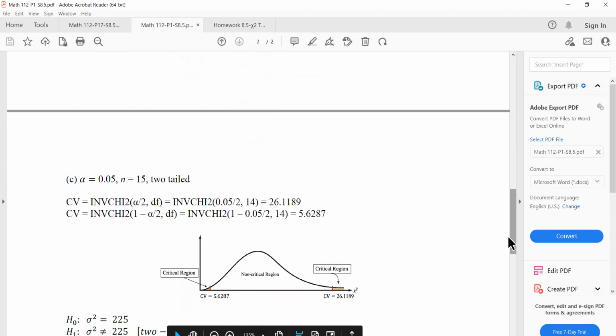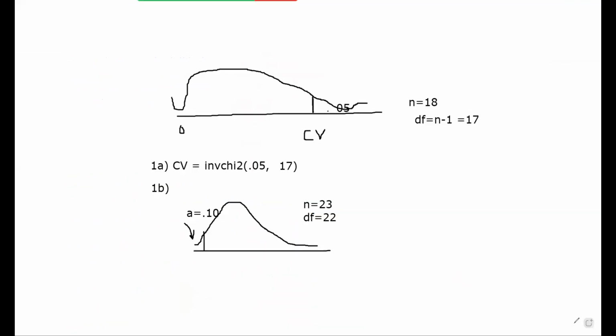which here they give us our first two-tailed test. Now she gives you the inverse chi instructions. I'm going to explain this a little more. C is alpha is 0.05, N is 15, and it has two tails. If you remember doing chi-squareds before, we always used the inverse chi when we did values, and this is no different.